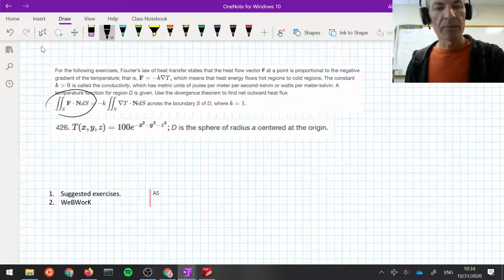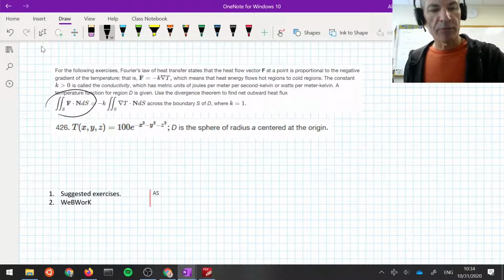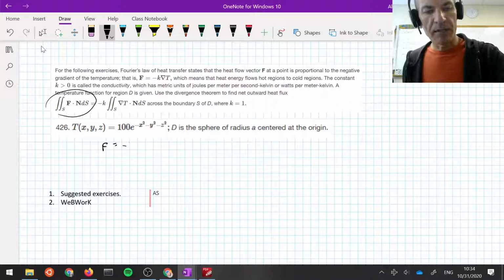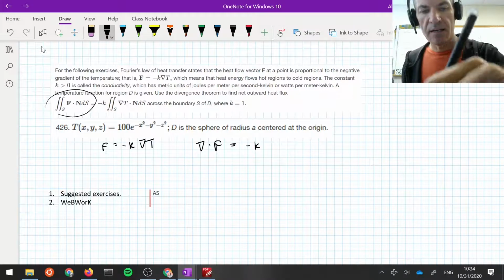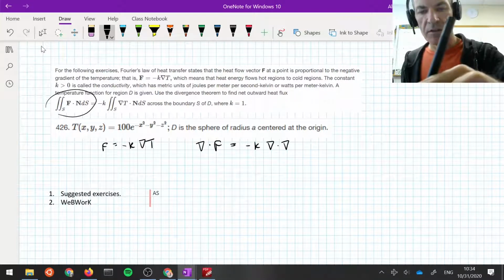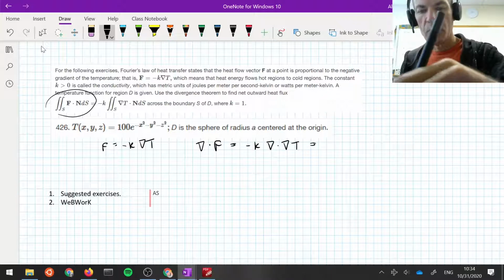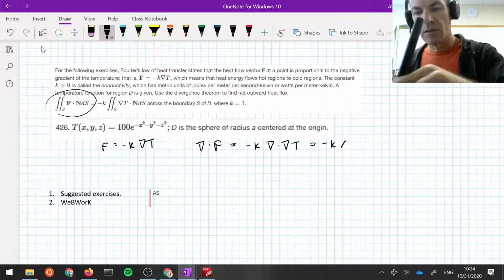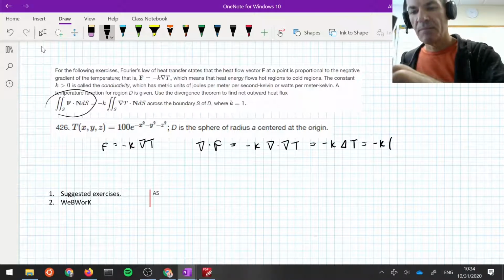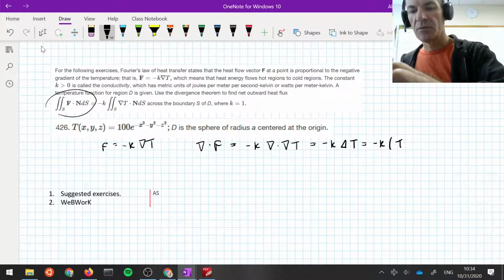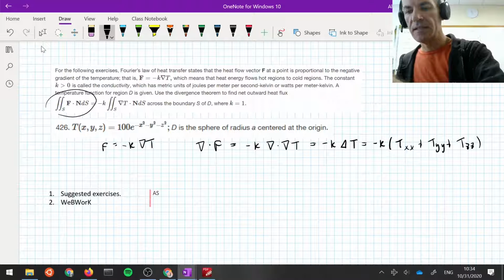All right, so we know that the vector field F is equal to minus K gradient of T, and we want to compute the divergence of F. And that's going to be minus K divergence of the gradient of T, which you may recall is the Laplacian of T, which you may recall is the sum of the pure second derivatives, T_xx plus T_yy plus T_zz.